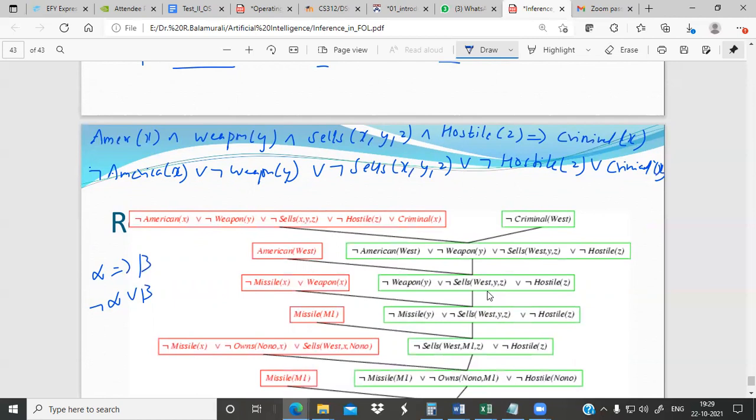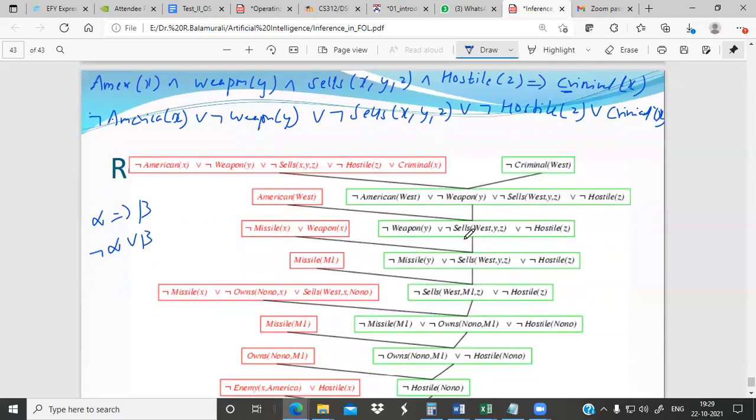Now you recall what resolution is. Resolution is proving by contradiction. What we want to prove is that West is a criminal. So proving by contradiction means we will assume that West is not a criminal. This entire thing is statement one.